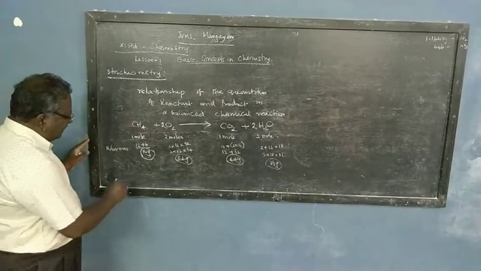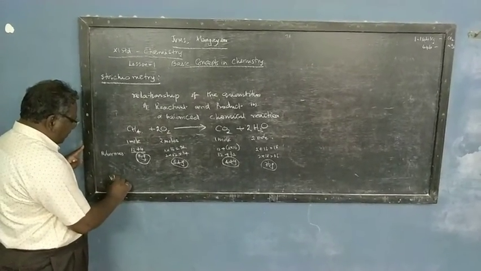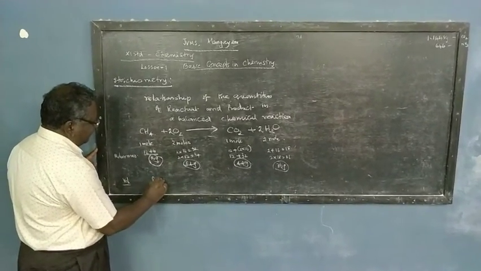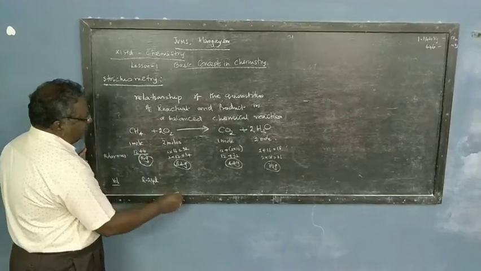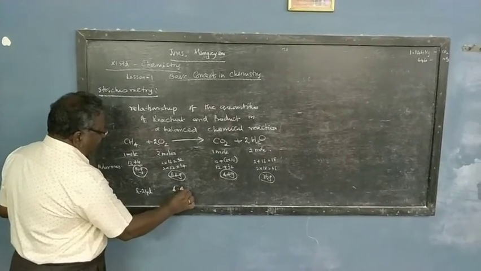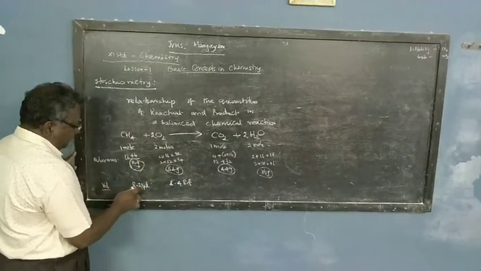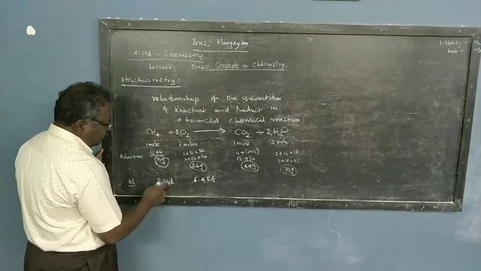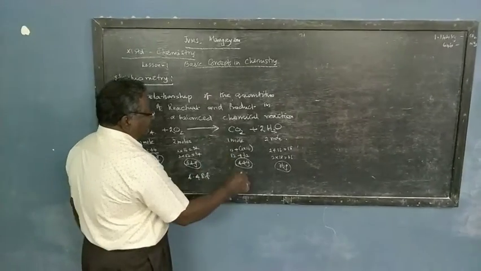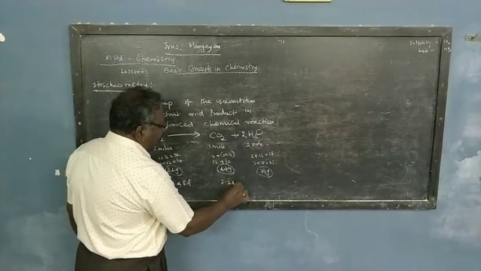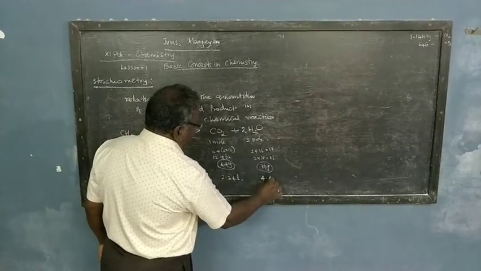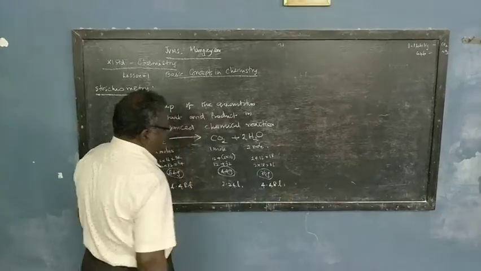Or if you want to tell it in volume, you have to say 2.24 liters of methane reacts with 4.48 liters, double, 2.24 into 2 is 4.48 liters of oxygen to form 2.24 liters of carbon dioxide and 4.48 liters of water vapor.